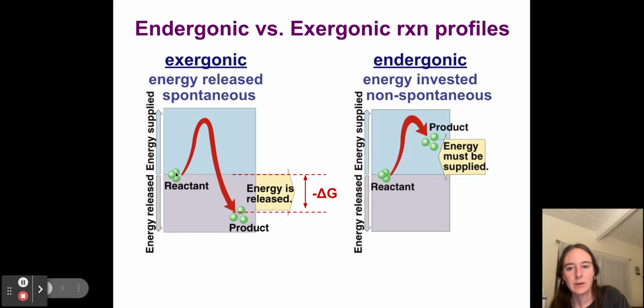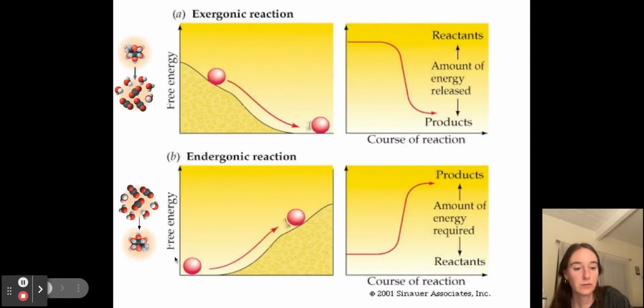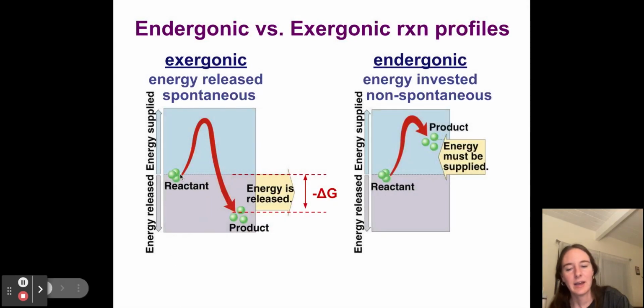Now notice that the products have less energy than the reactants, so we have lost some energy. Energy has been released. We call that measurement Gibbs free energy. On the previous slide, we described this as free energy or available energy. We can use this little symbol, delta G. Delta in math means a change, and G stands for Gibbs free energy.